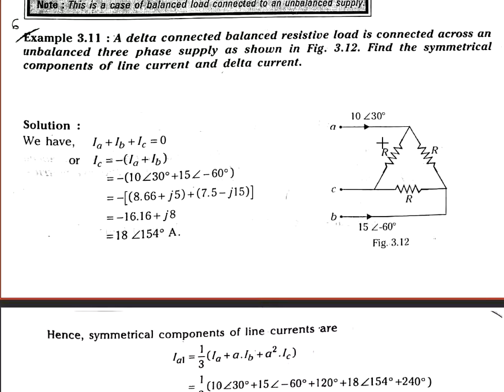Take this figure and write that IA has been given as 10 at 30 degrees. A and B have been given, and the remaining we need to find. Have you taken this figure?